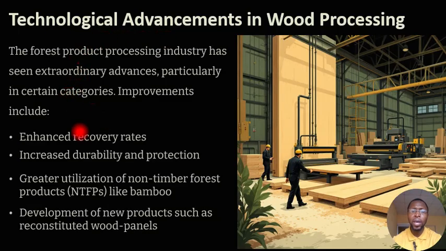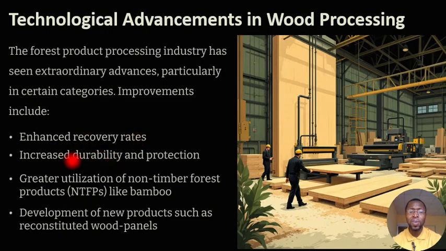And this advancement has really gained a lot of extraordinary advances. Some of these advancements are enhanced recovery rates. When you go to the forest to get wood for processing, sometimes some of the wood is already damaged. But with the advancement of technology, there is a way you can recover even damaged wood or timber.